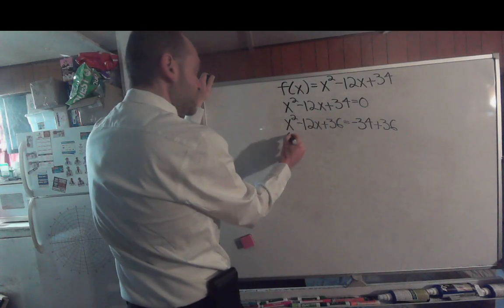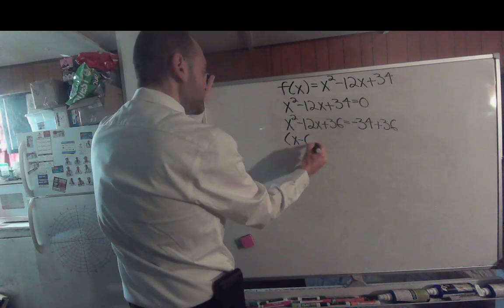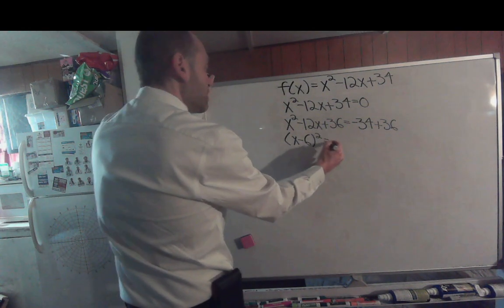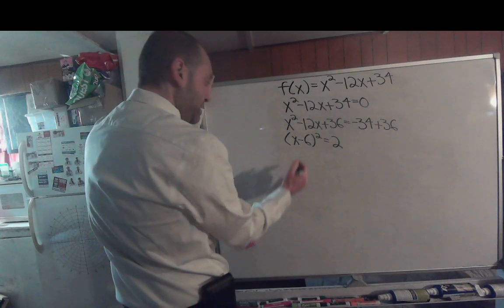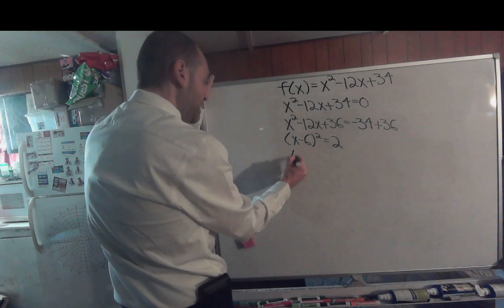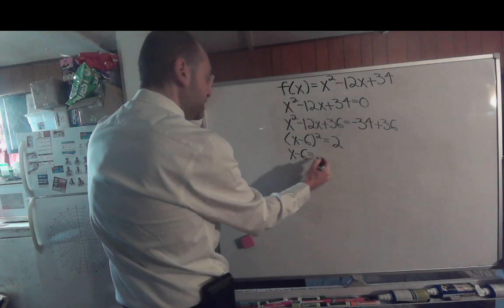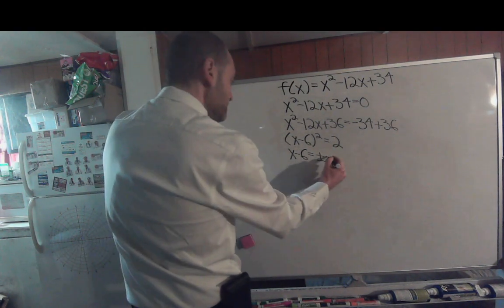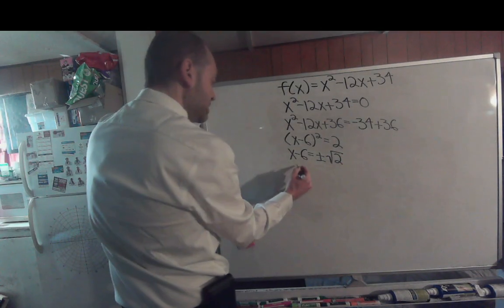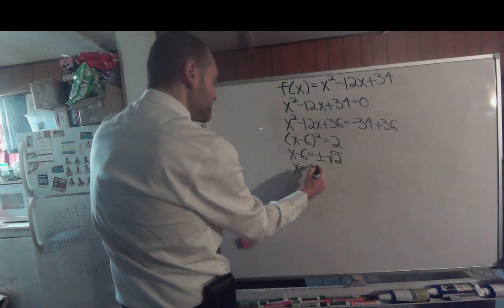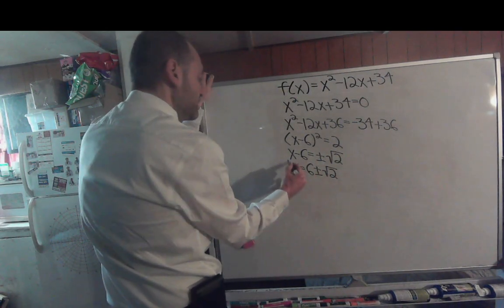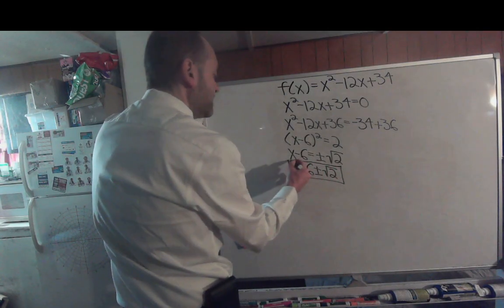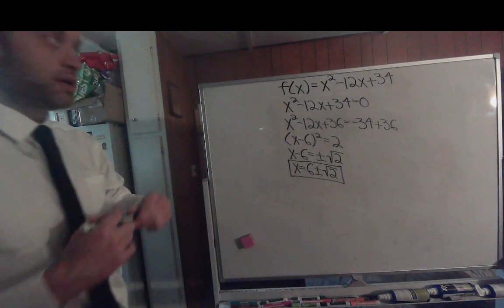So this would factor into x minus 6 squared would equal 2. So then you'll end up getting x minus 6 equals plus and minus the square root of 2. So x equals both 6 plus and minus the square root of 2. Those would be your two solutions. And again, they both worked out to be real numbers this time.